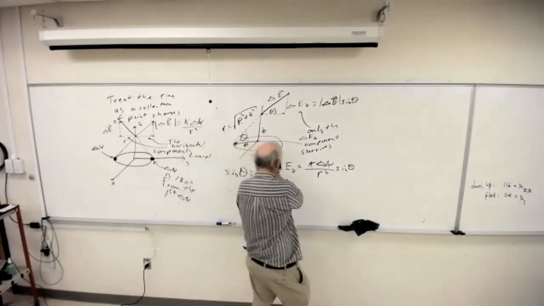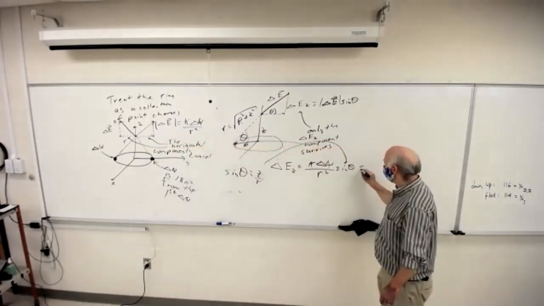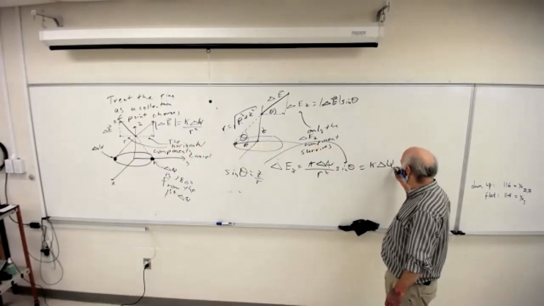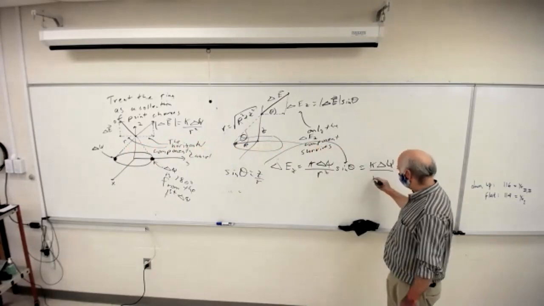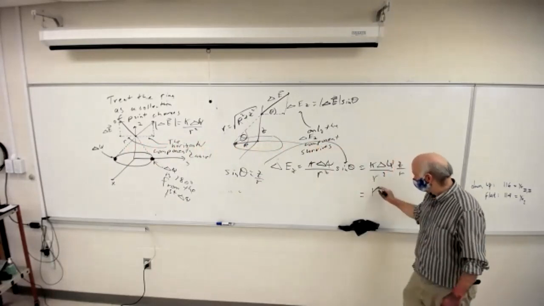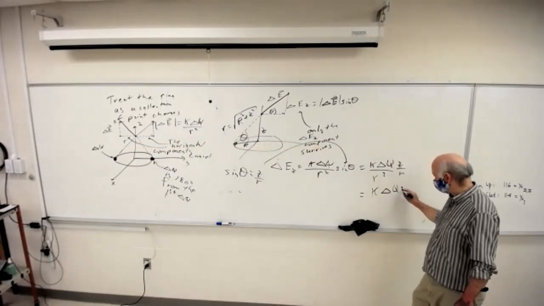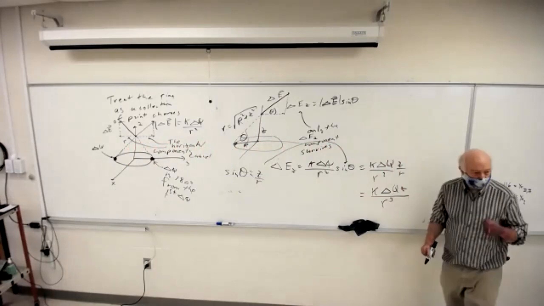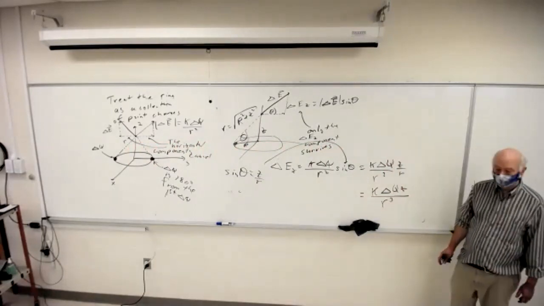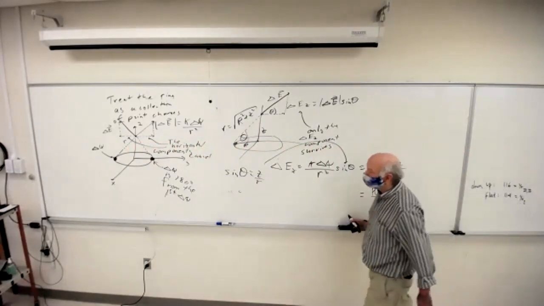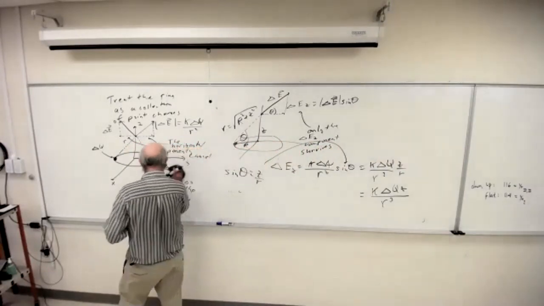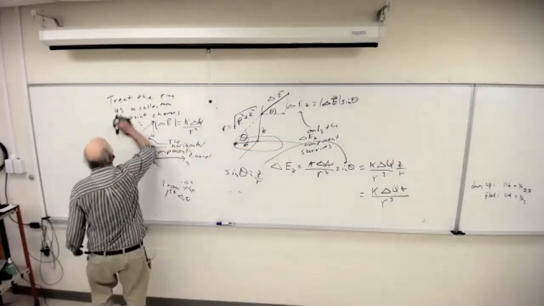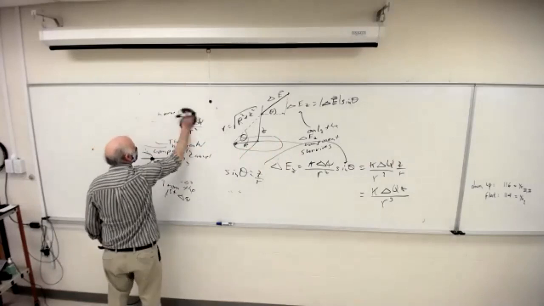So we put this in here. This will give us k delta q z over little r over r squared, or k delta q z over r cubed. But wait, we know what the little r is. The r is the square root of big R squared plus z squared.